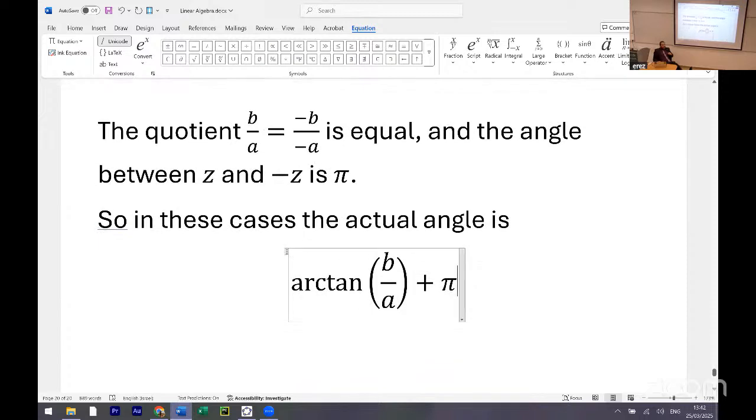And lastly, how do we know if the complex number is within the first and fourth quadrants, or in the second and the third?